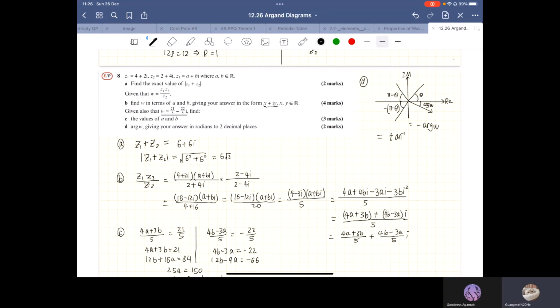So arctan, or inverse of tan, of 22/5 divided by 21/5. We can simplify the denominators, so we get inverse of tan, 22/21. Tell me what I will get. Oh, all of them has to be multiplied by negative 1.